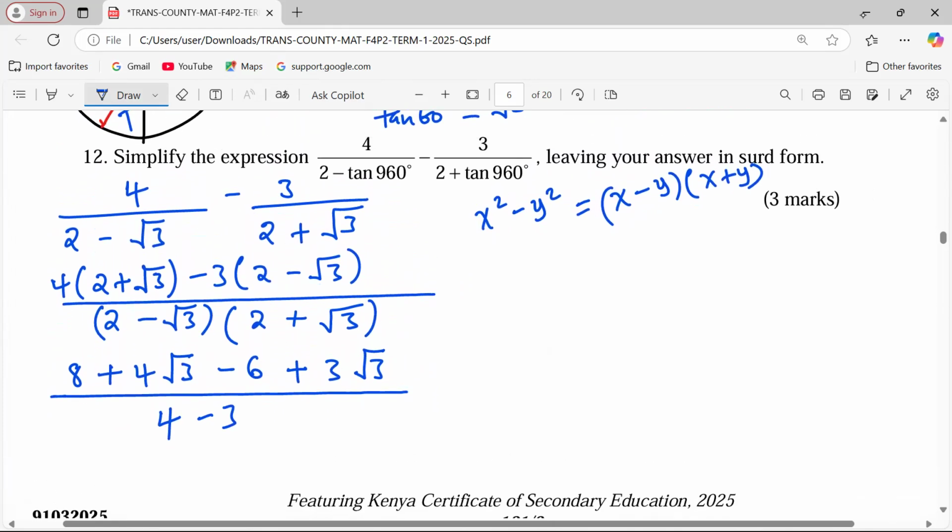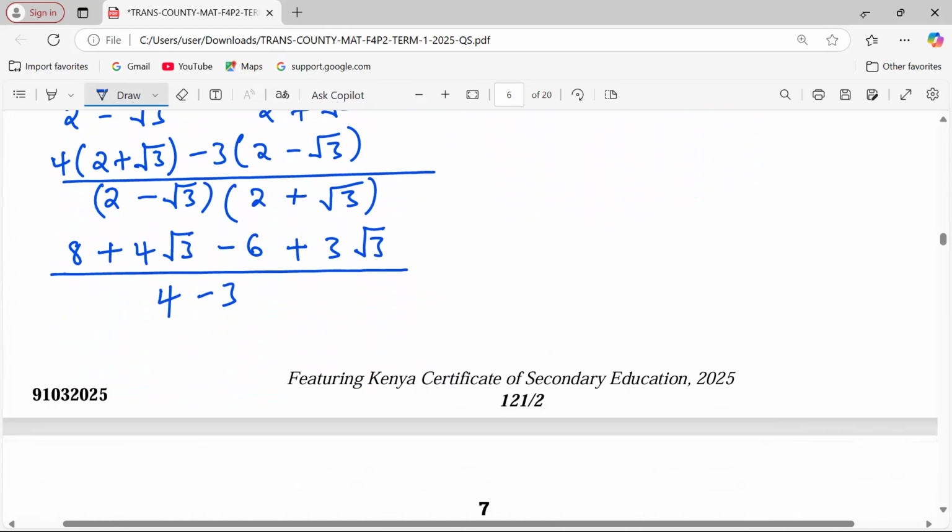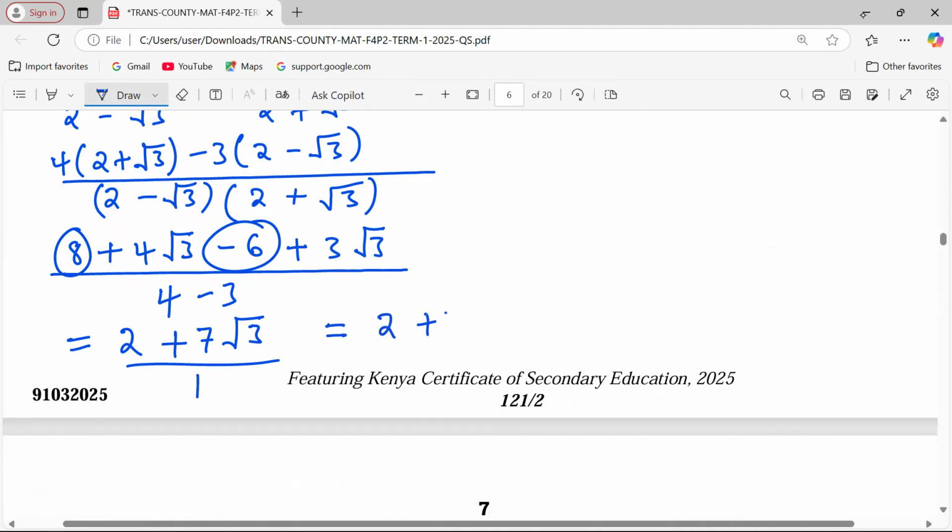Then we can group a few terms on the numerator such that we are having 8 minus 6 giving us 2, then plus 7 root 3, divided by 1, meaning that the answer is 2 plus 7 root 3. So this is now the most simplified answer.